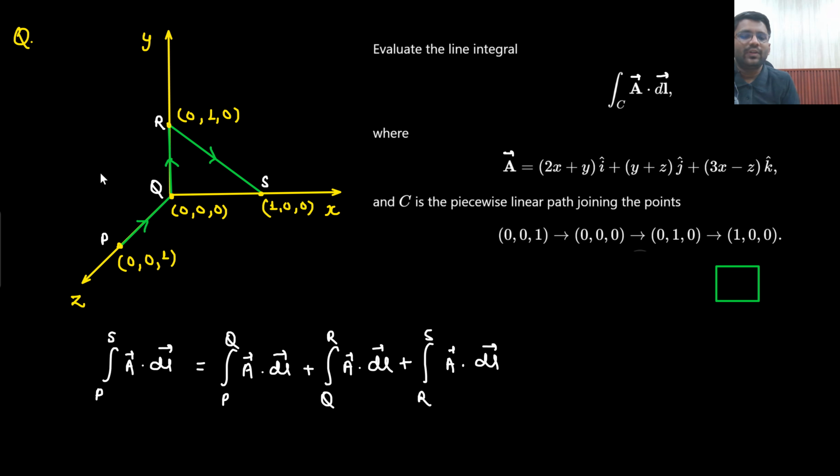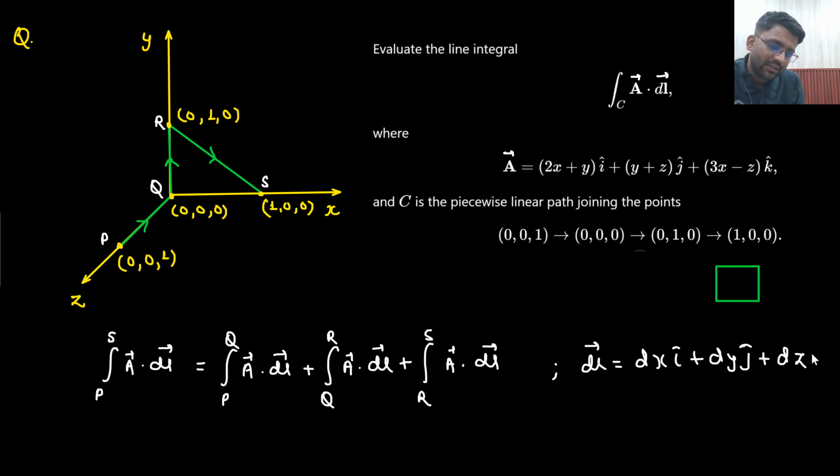Now since you are moving in Cartesian coordinate system, what is the value of dl? The value of dl is nothing but dx i cap plus dy j cap plus dz k cap. So can you find out the value of A dot dl first?